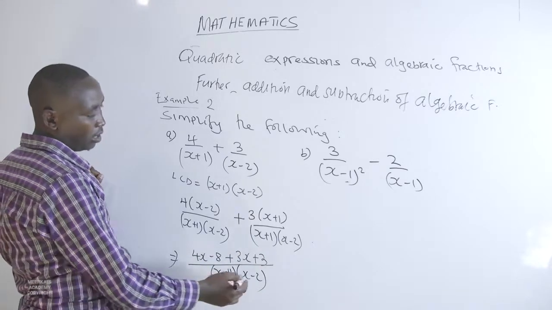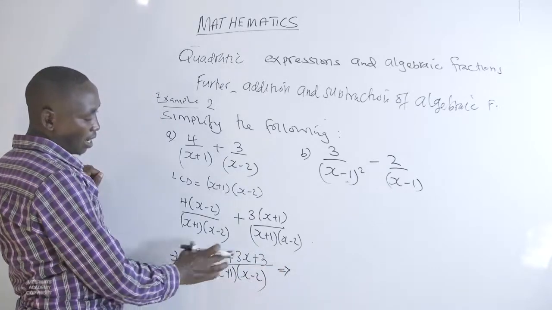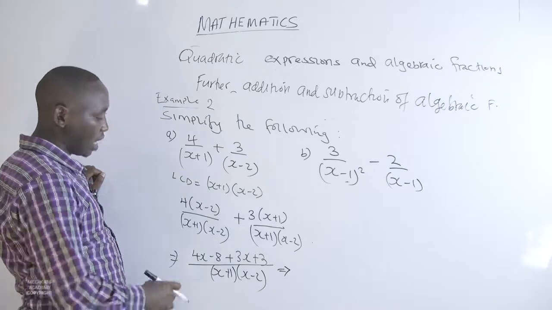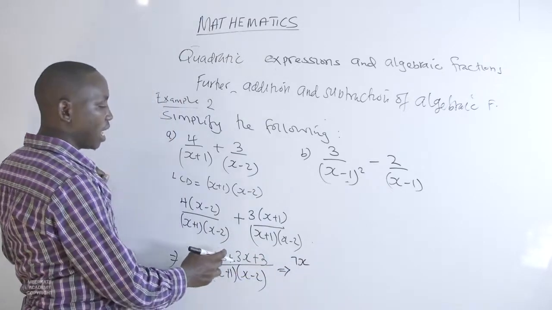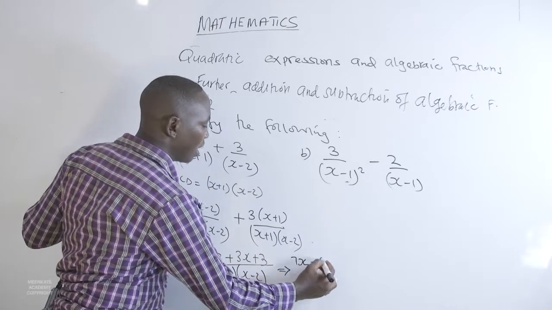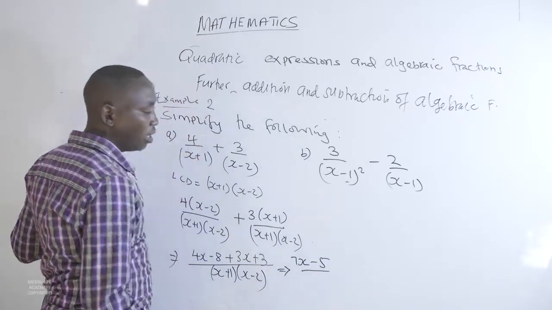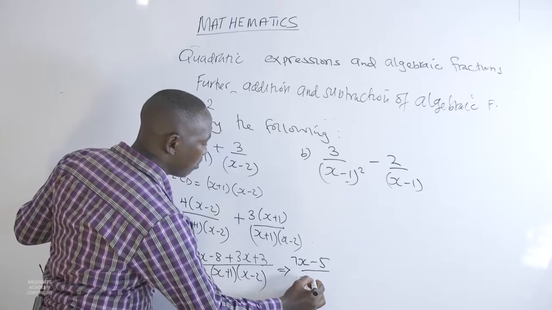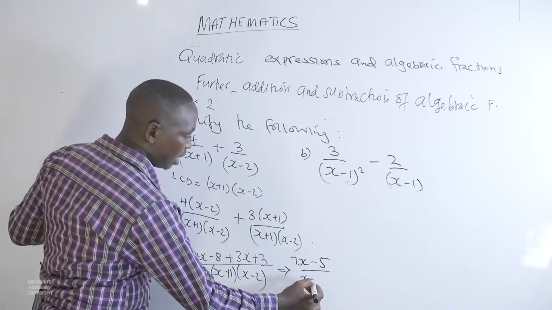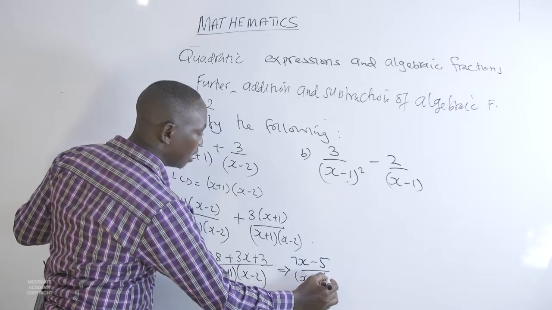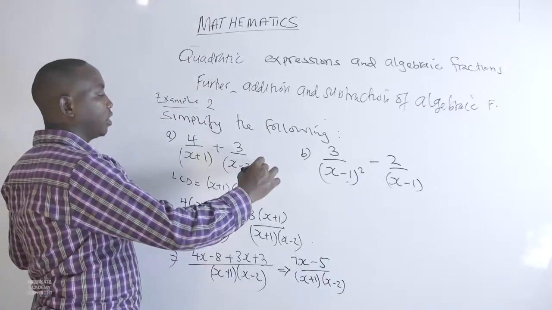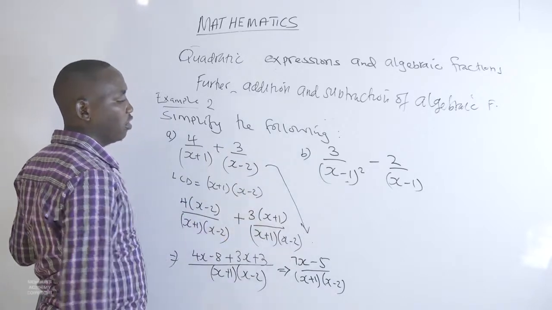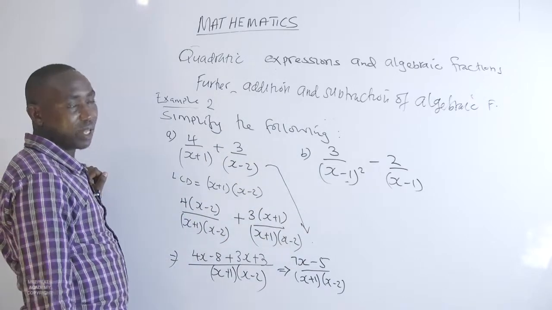Then you can proceed and collect the like terms together. 4x plus 3x will give us 7x, minus 8 plus 3 will give us negative 5. All this is divided by the binomial denominator, which is x plus 1, x subtract 2. So we have been able to simplify the whole of this down to one expression.